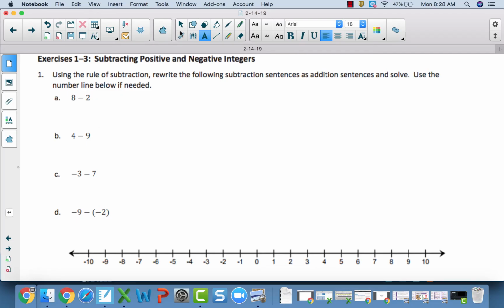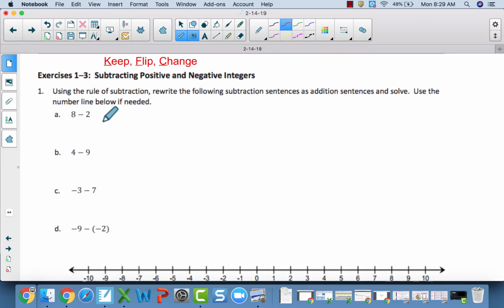Okay, so for 1A here, there's a few ways you can think of this. So I need you to listen and then figure out what makes the most sense for you. First of all, we know this answer is 6. 8 minus 2 is 6. The important part is not the answer as much as the process. You can use just keep, flip, change.